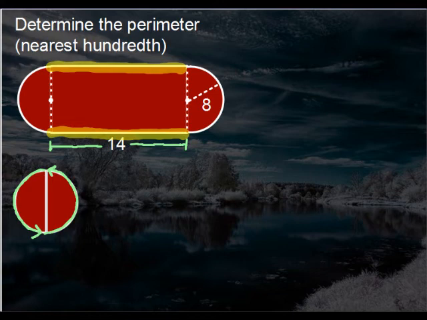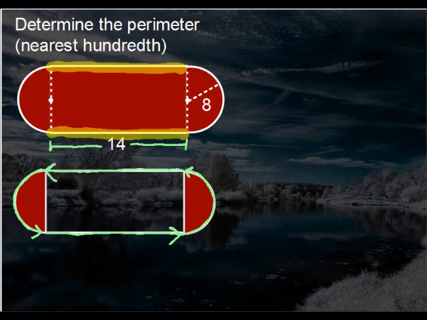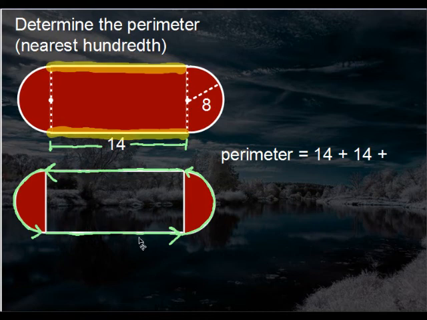So to piece this together, you have the left-hand side, then you have this part here which you know is 14, then back around, then another 14. So we have those two 14s, that's 14 plus 14, plus that complete circle, which is the circumference.